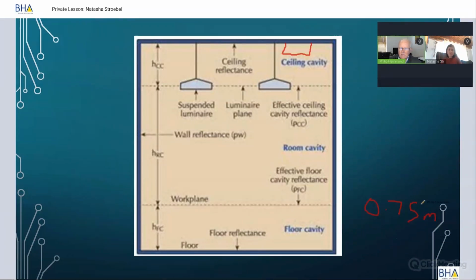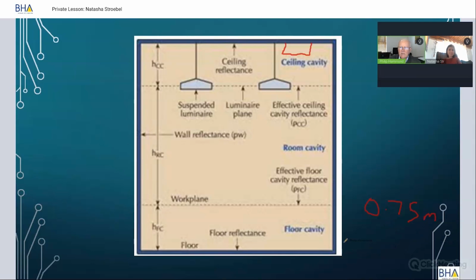So do you understand that now? Ceiling cavity, which will depend on recessed, surface mounted, suspended. And floor cavity is between the floor and the working plane. And typical working plane is 0.75.